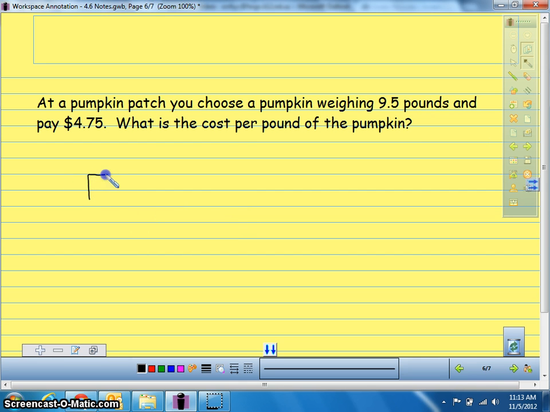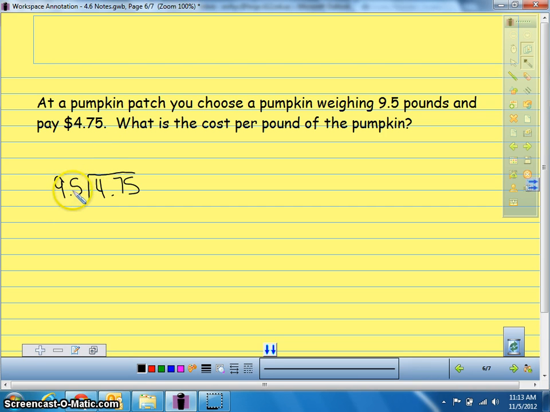So here's my house. Am I dividing 4.75 out here and 9.5 here? Or is it the other way? It's the other way. I want $4.75 in here, and 9.5 pounds here. So that'll tell me what is my cost per pound.